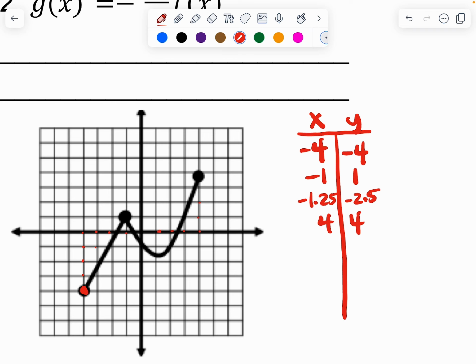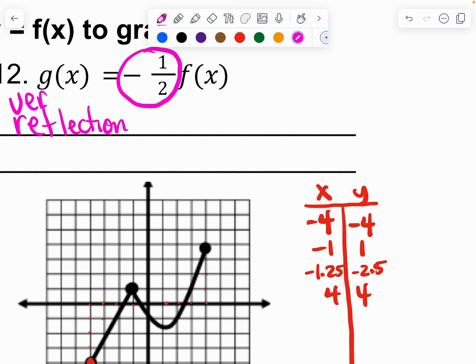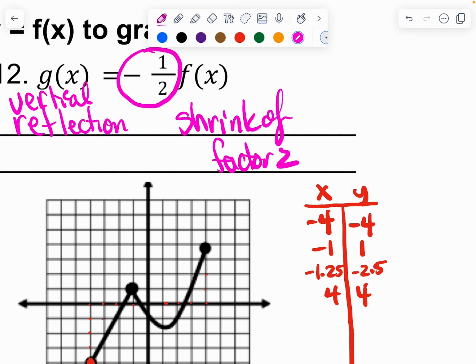Okay. So this stuff right here is on the outside. So that means we have a vertical reflection and a shrink of factor 2. But what that means is you're going to multiply by 1/2.